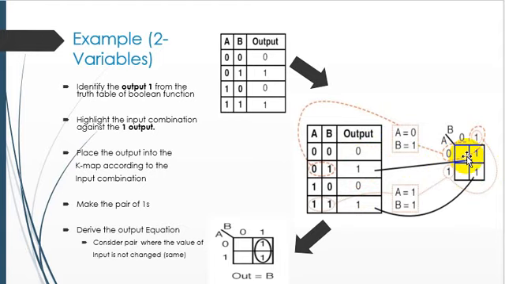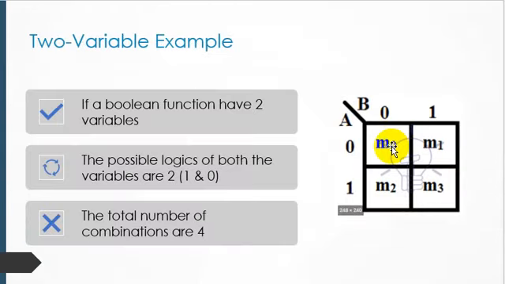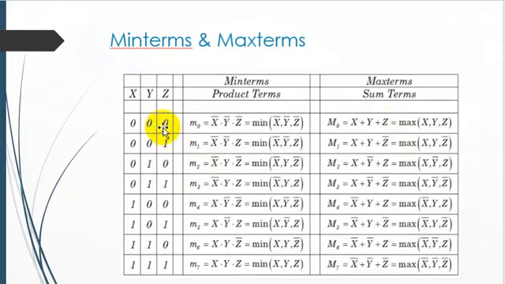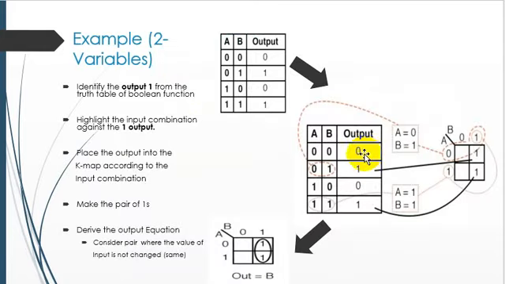If you remember in the previous slide, this place is dedicated for M0, this place for M1, this M2, and this place is dedicated for M3. If you label the truth table with the help of this configuration, then the first combination is M0, second M1, M2 and M3. So we have M0 to M3 for this example.